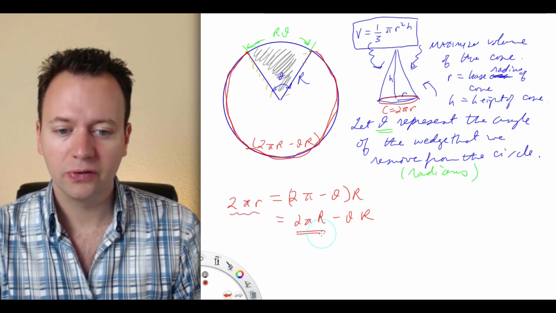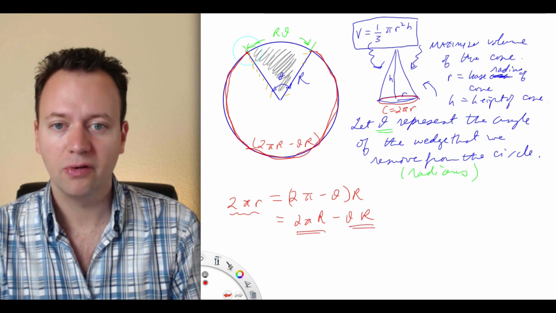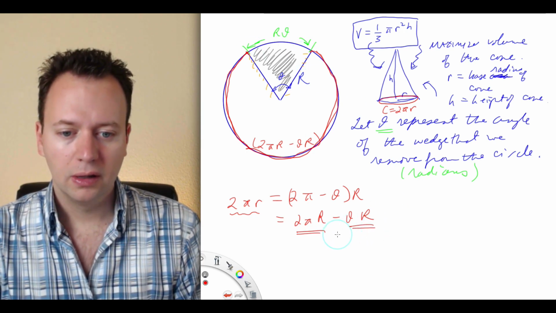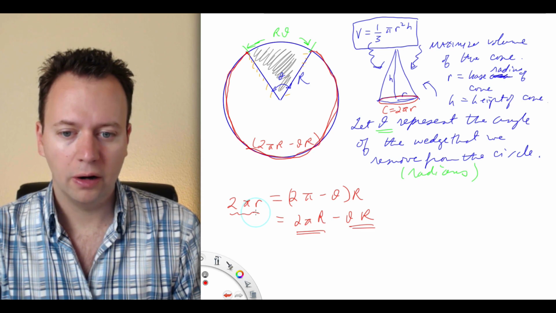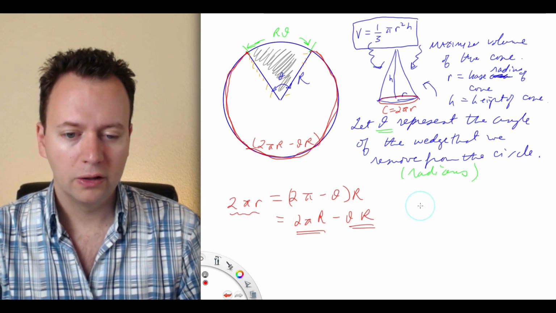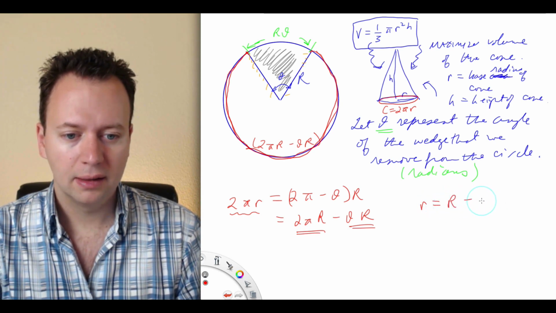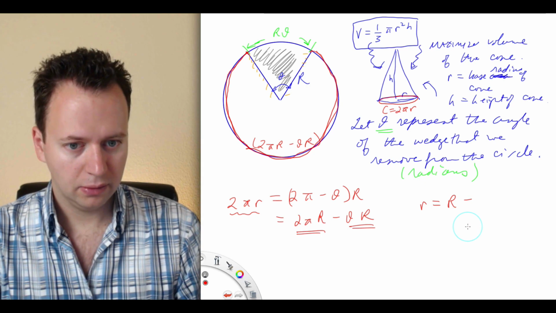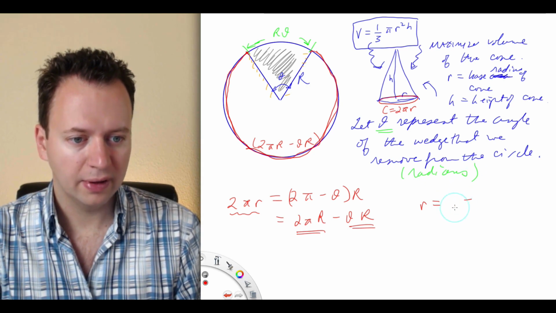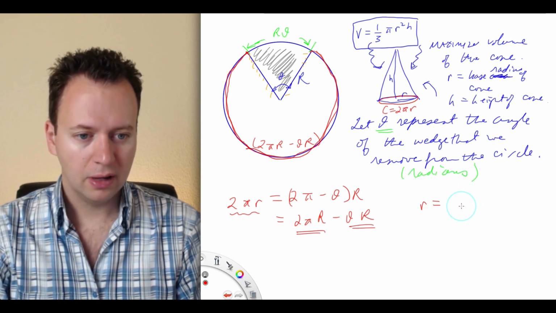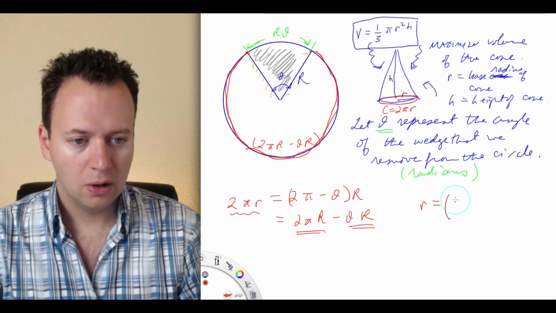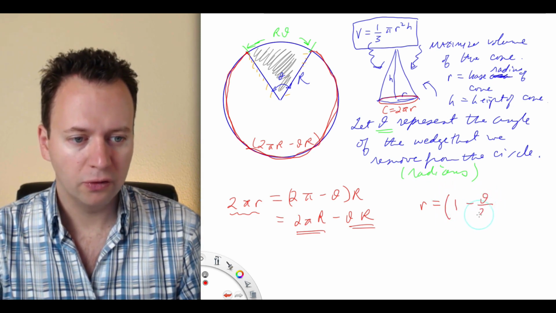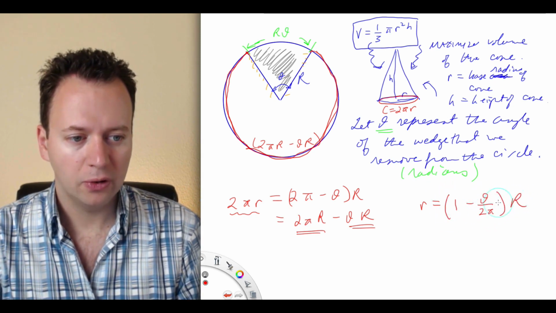This is the circumference of the circle minus the arc length of the missing section. So lowercase r, in terms of theta, we can divide by 2 pi. So we get lowercase r is equal to, I'm going to use the first form where I have the capital R factored out, 1 minus theta over 2 pi times capital R.